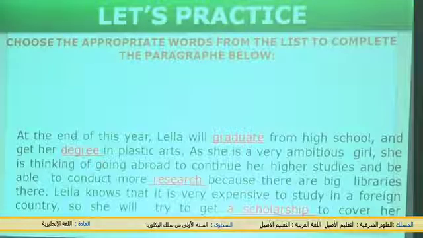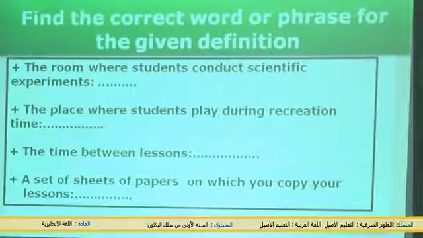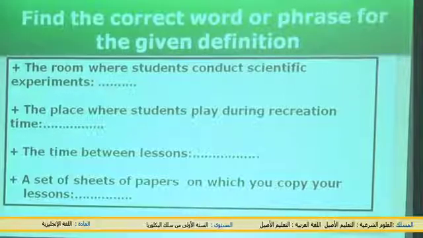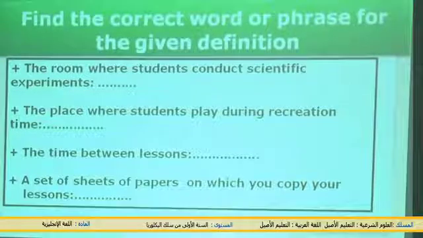Now we are going to move to another very easy exercise about vocabulary. Let's have a look. So in this exercise, we're going to find the correct word or phrase for the given definition. We start with definition number 1. What do we call the room where students conduct scientific experiments?